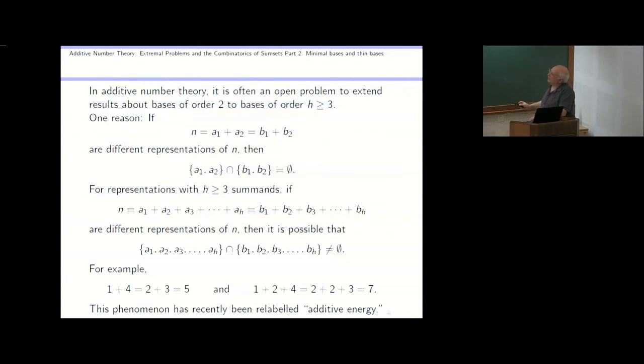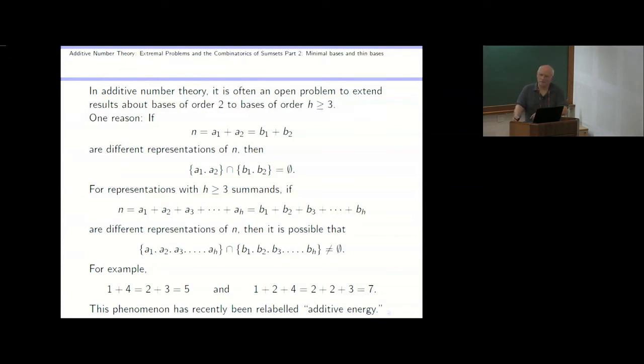But if you have representations with three or more summands, then it's possible for the summands to intersect. For example, 1 plus 2 plus 4 is 7, and 2 plus 2 plus 3 is 7, but you have the same number in both of them. And this has always been a problem in these types of additive questions, very often for combinatorial reasons, especially when you're trying to use probabilistic methods and you lose some independence.